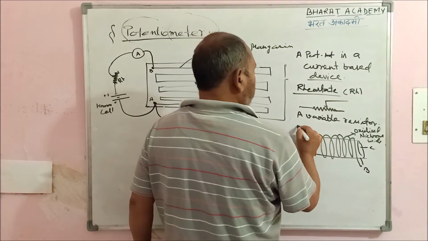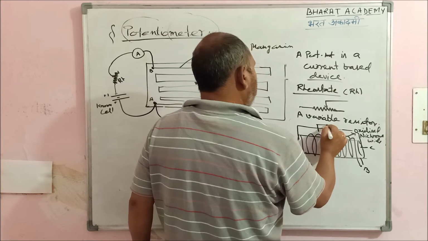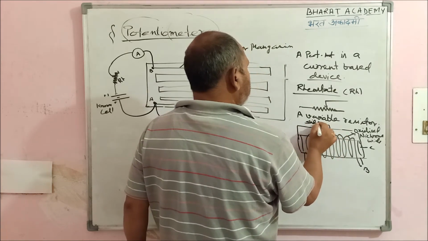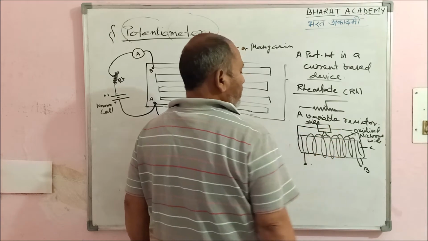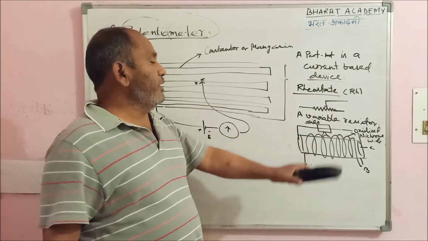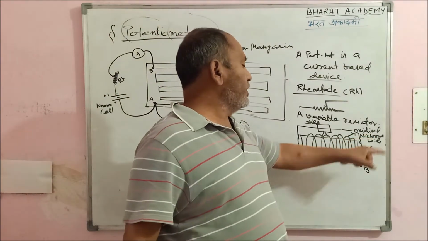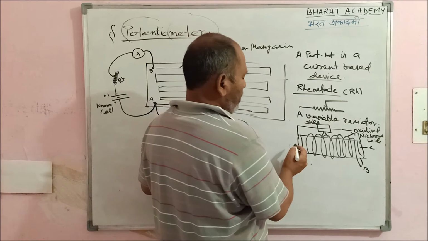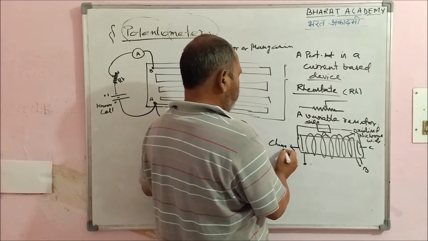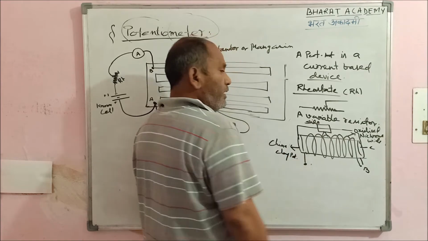You could find a rod and a slider. Some sort of diagram you will find. It is a variable resistor in which oxidized nichrome wire is wrapped on a china clay pot.